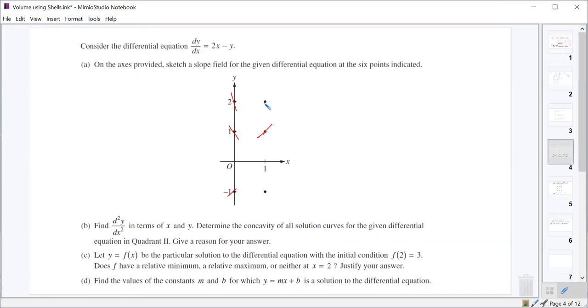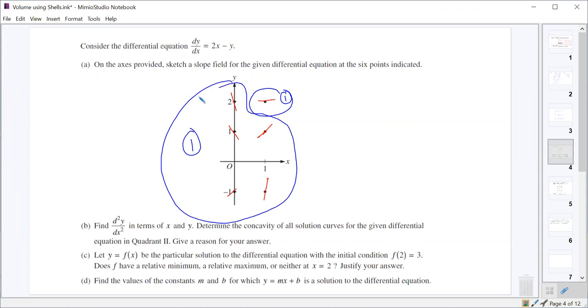And 1, 2 should be 0. 2 minus 2 is 0. And then 1, negative 1: 3. So that's what you got. Once again, this was 1 point for the 0 slopes and 1 point for all the rest of the slopes. Good? All right.